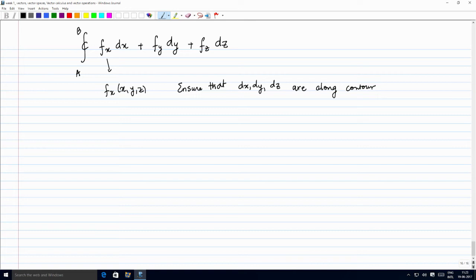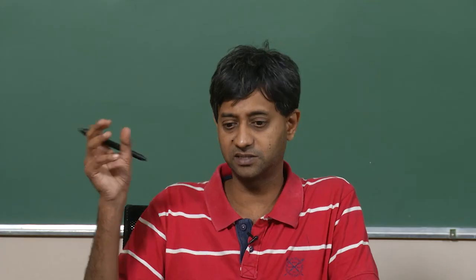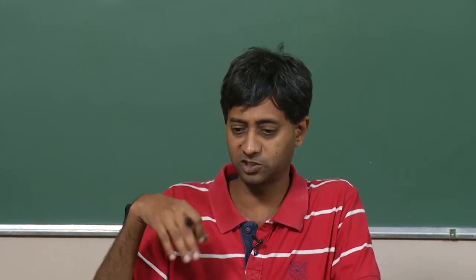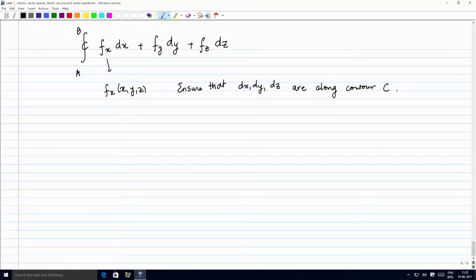Your differential change in R, you cannot take an arbitrary differential change in R; you have to ensure that these three follow the contour C. We will see examples of this and how to do this in practice. But basically this is something you have to ensure when you are doing line integrals.